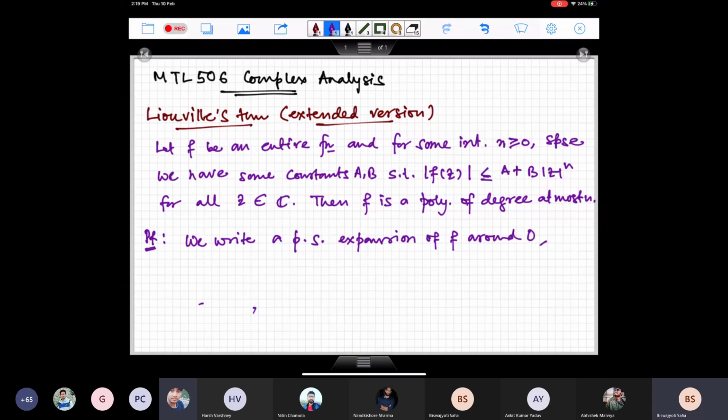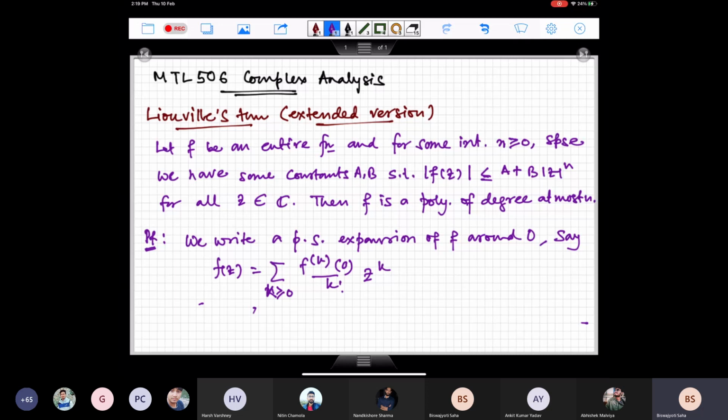So let's say f of z equals the summation over k bigger than or equal to 0 of f^(k)(0) divided by k factorial times z to the power k.